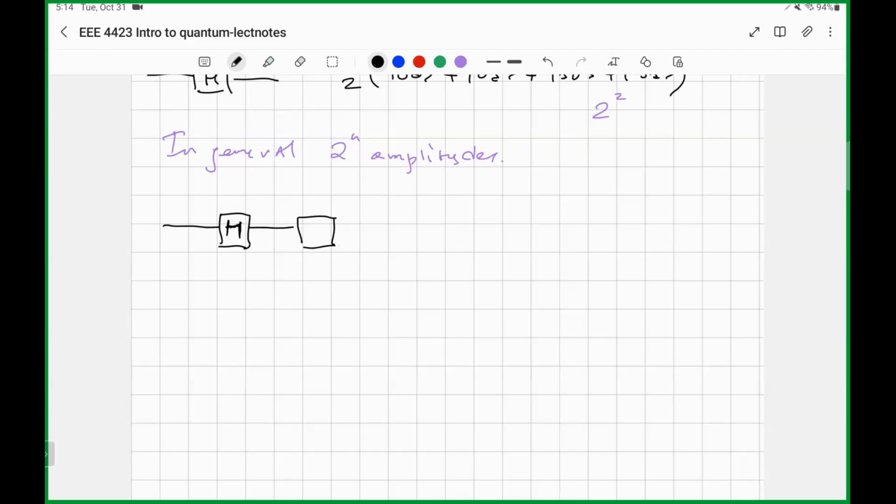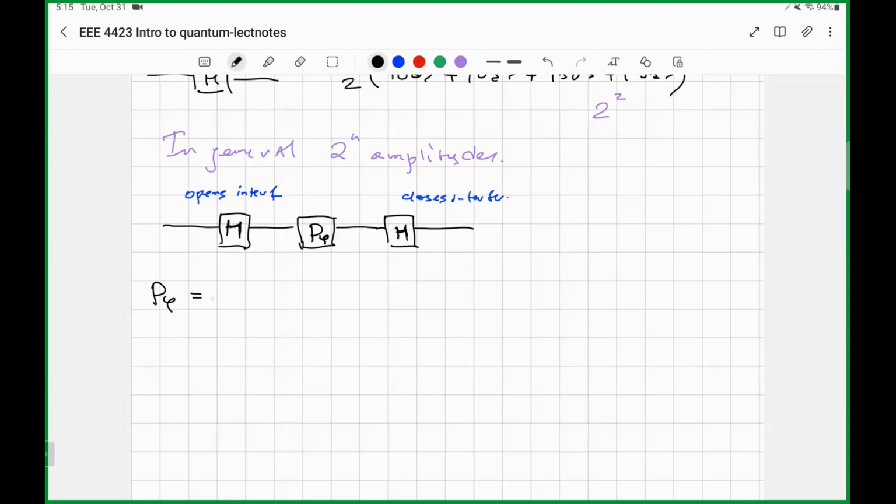Then I put another gate, the phase gate P phi, and then another output Hadamard gate, which closes quantum interference. And the gate in the middle does something to the phase.